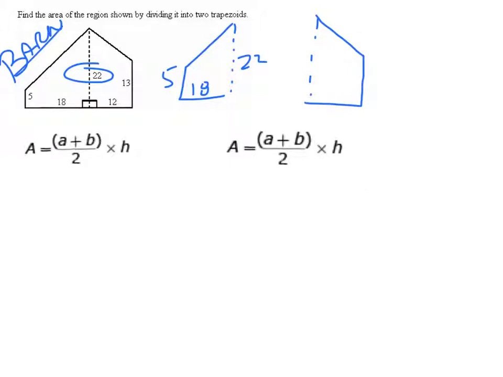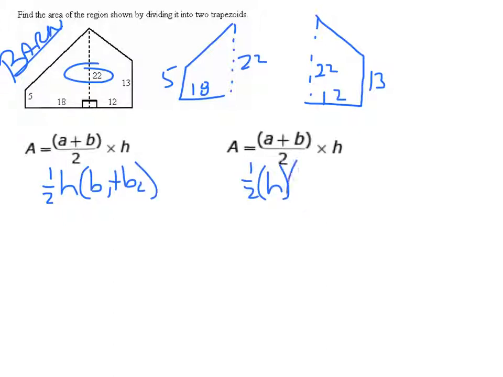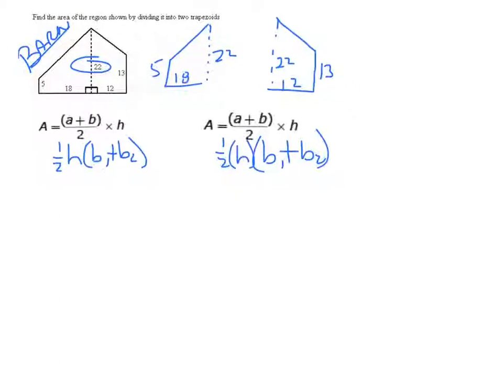So you're going to have two problems that you're going to need to deal with. But again, if you take everything in stride and say, okay, 1/2 height, base 1 plus base 2, you shouldn't have too much of an issue with this problem.